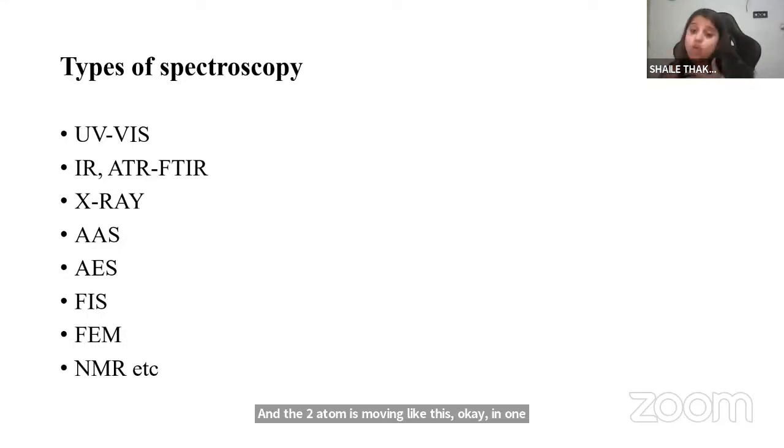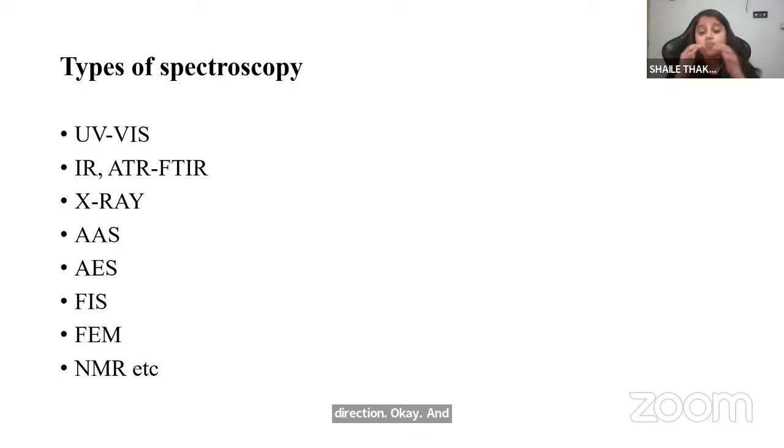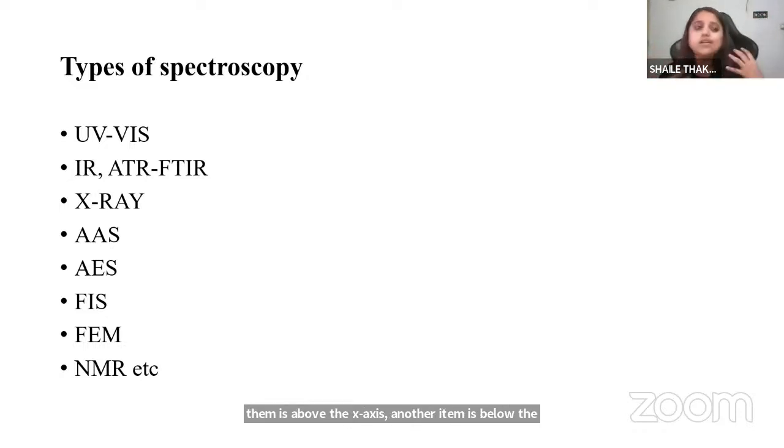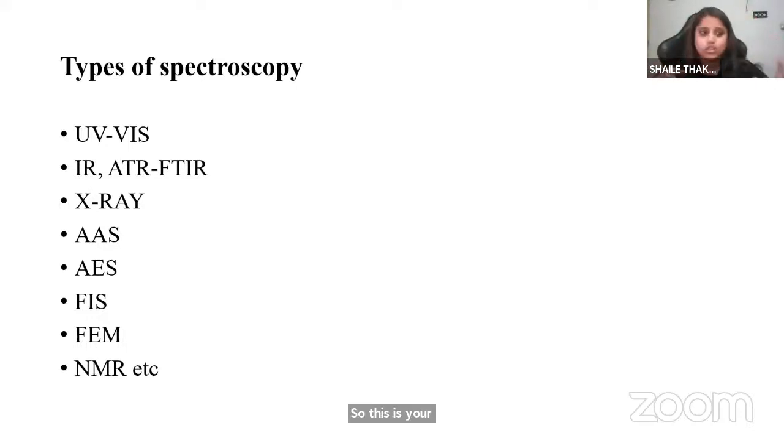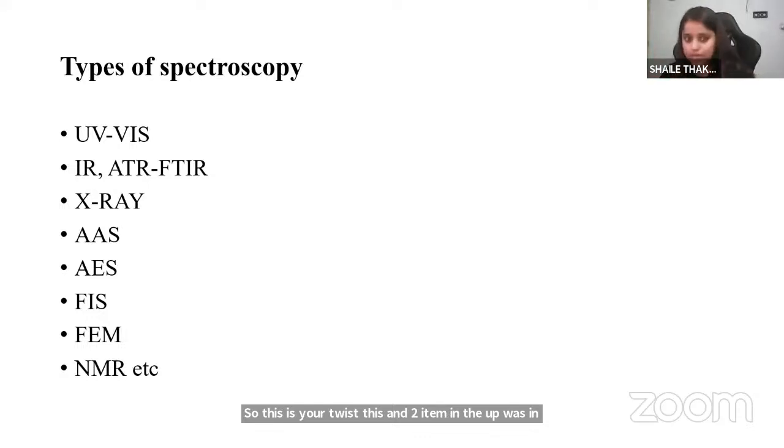And whenever we are talking about the twisting, suppose you are drawing an x-axis. One atom is above the x-axis, another atom is below the x-axis. Okay. So this is your twisting, meaning two atoms in the opposite direction, right? That is out of the plane. Okay.